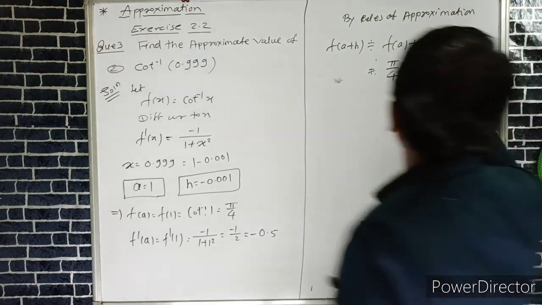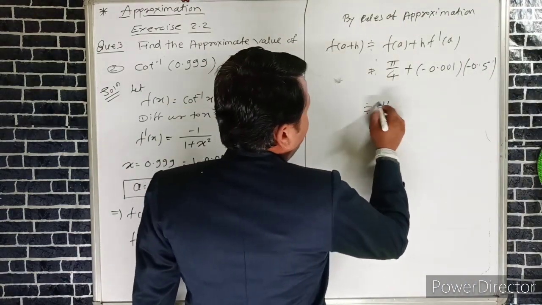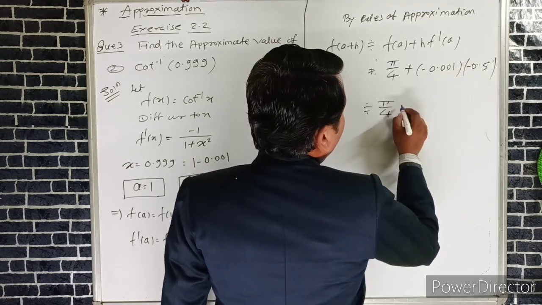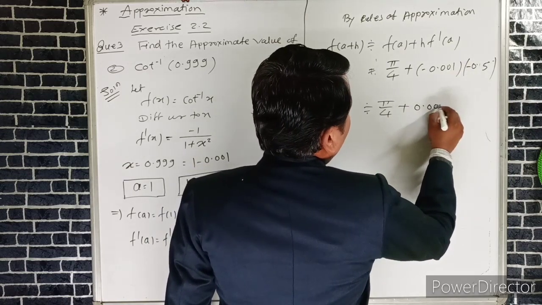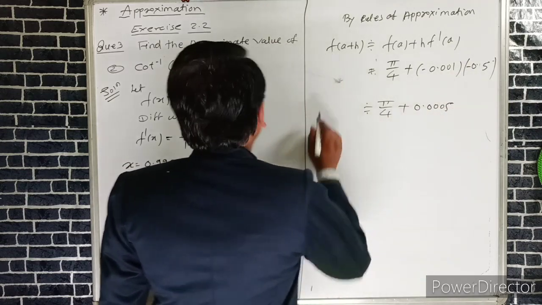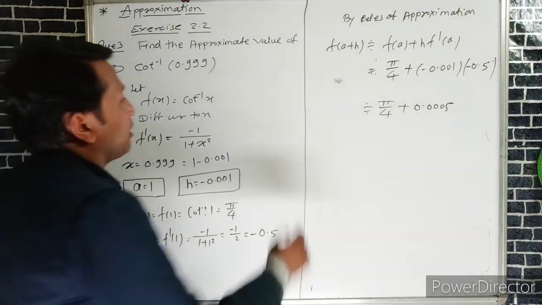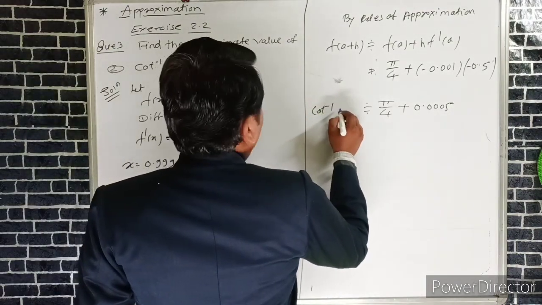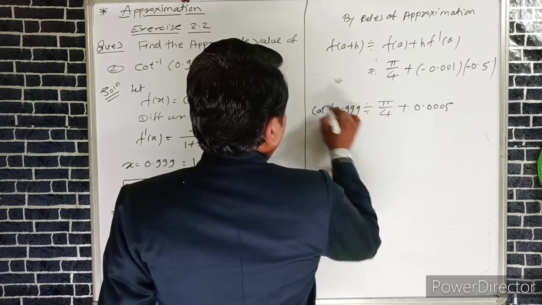If we take the product of these both, we can write pi by 4 plus 0.0005, which is the required approximate value of cot inverse of 0.999.